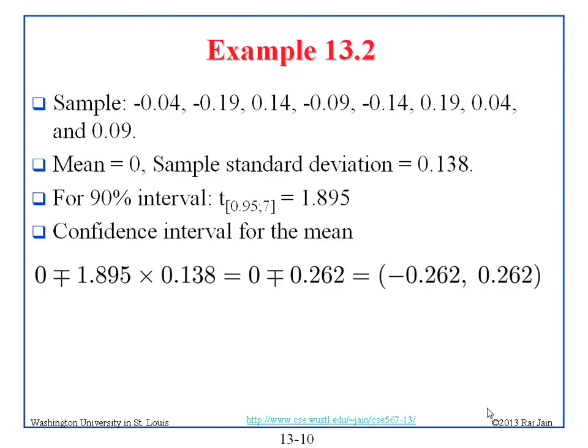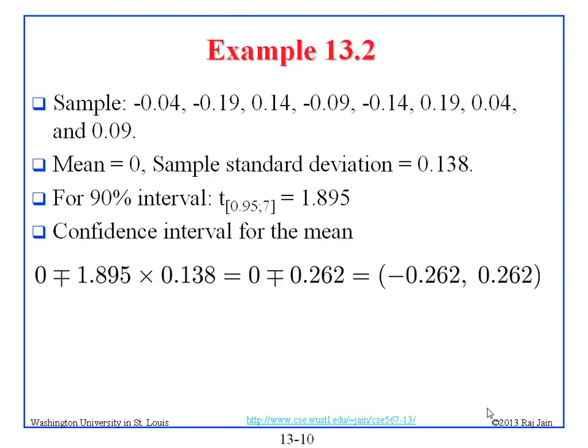If you calculated the standard deviation using population mean, which by some chance you might know, then you use n, right? So that is the reason. So here we have n minus 1 degrees of freedom, 7 degrees of freedom, and we want confidence of 0.95 for 90%, and therefore we read 0.95 and 7.